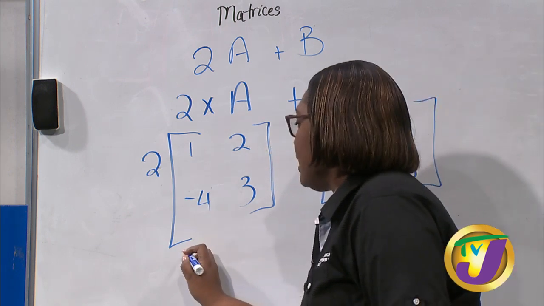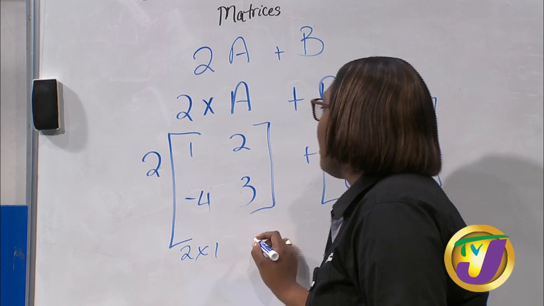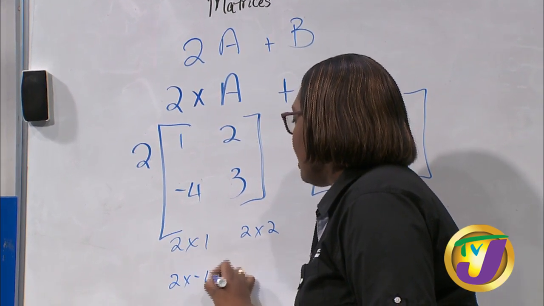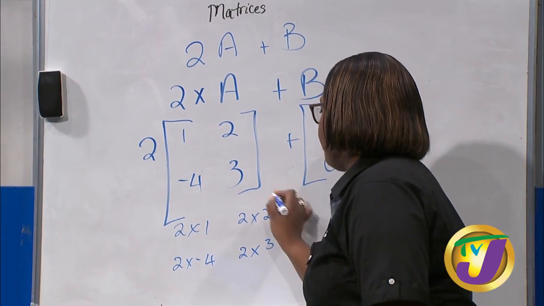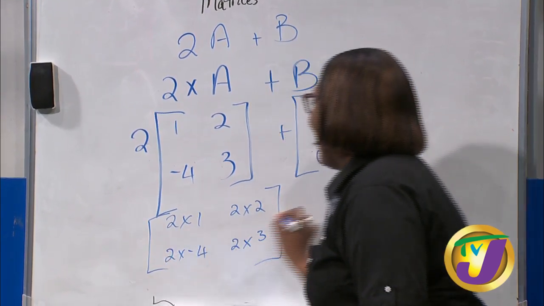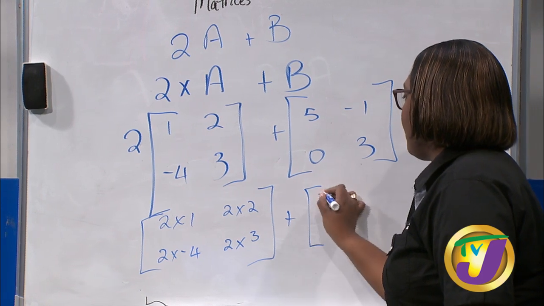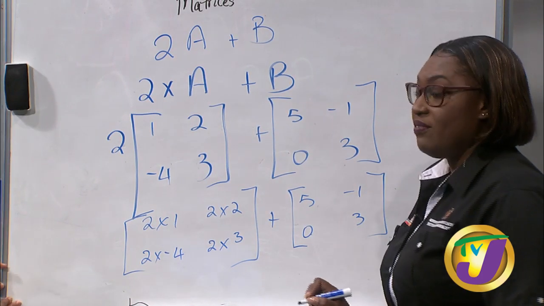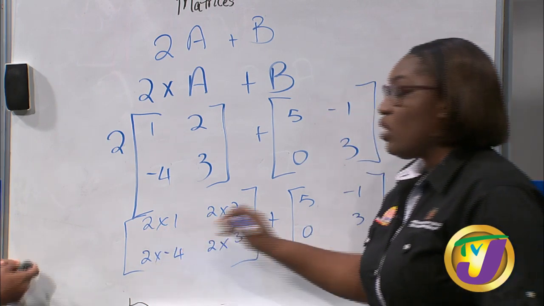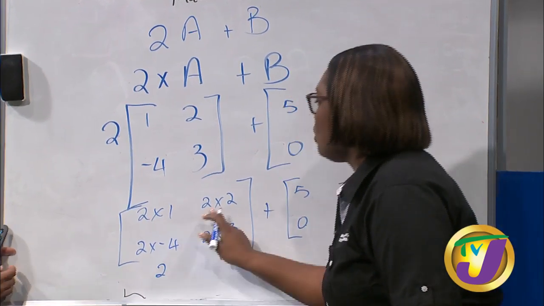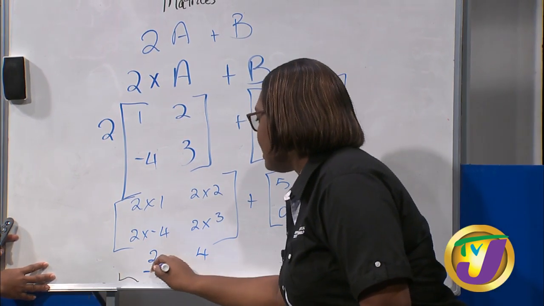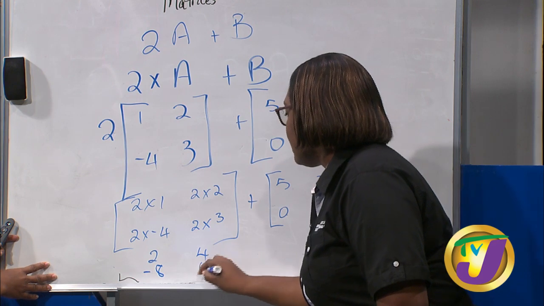So it's going to be 2 times 1, 2 times 2, 2 times -4, 2 times 3. And then we're adding that to our matrix B. So let's do a little bit of simplification. 2 times 1 will give us 2. 2 times 2, 4. 2 times -4, -8. 2 times 3, 6.